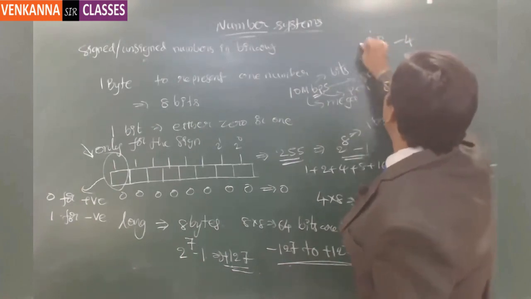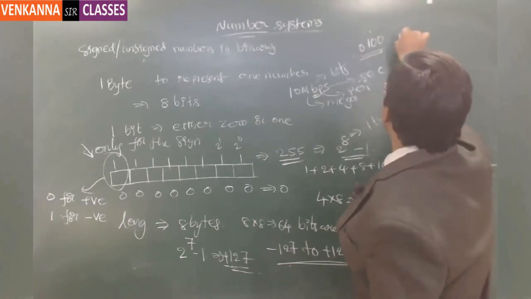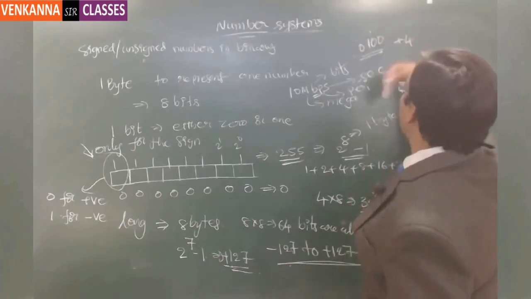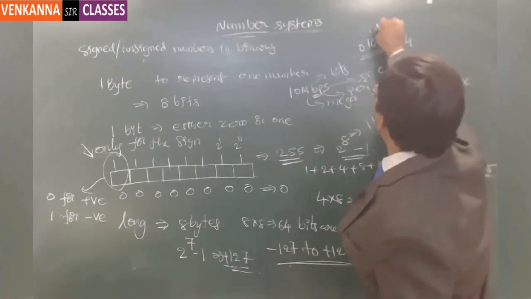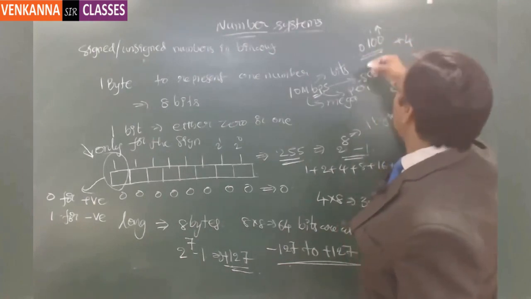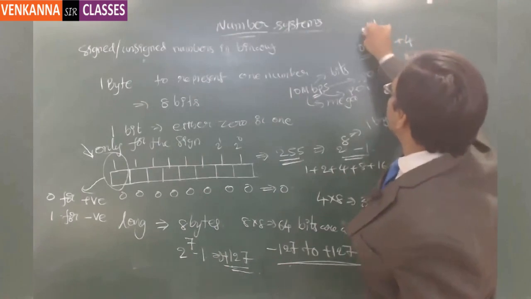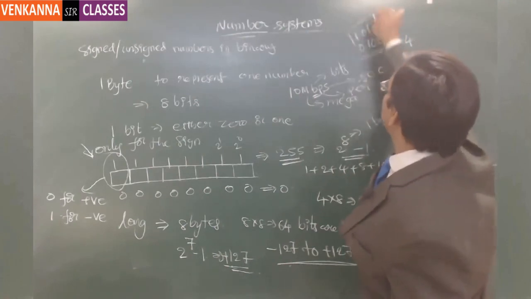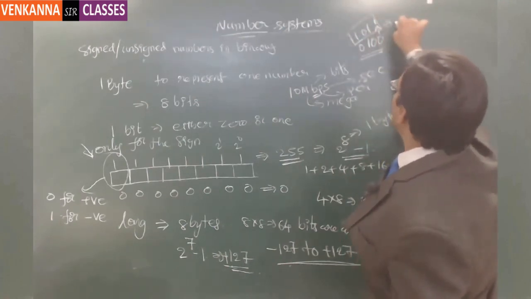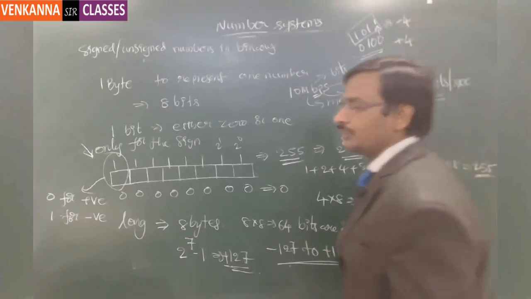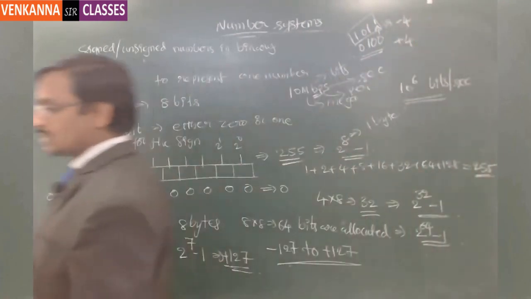Suppose if I call this 0, then this is going to be +4. Now the 1's complement of that is, you make a negation of this. Negation means opposite. So 0 becomes 1, 1 becomes 0, 0 becomes 1. So this 1011 is equivalent to -4. That's what is called the 1's complement.